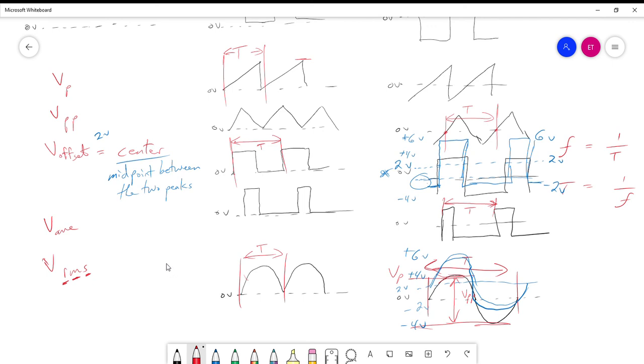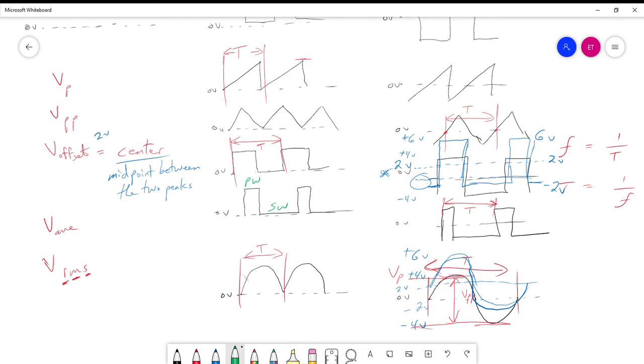And then there are some things that are peculiar to some waveforms. We've already looked at things like pulse width and space width, which occur for rectangular waves, but obviously they're not a thing with sine waves or triangle waves. There's no such thing as pulse width and space width. So that's unique to them.